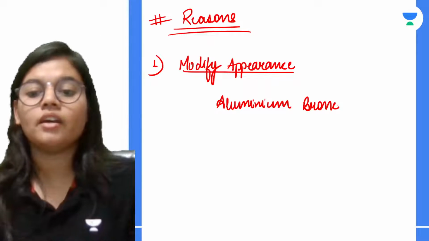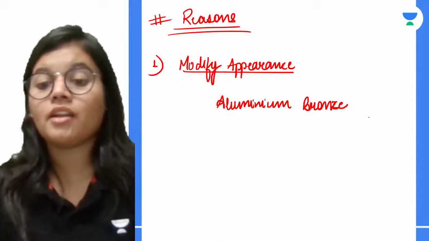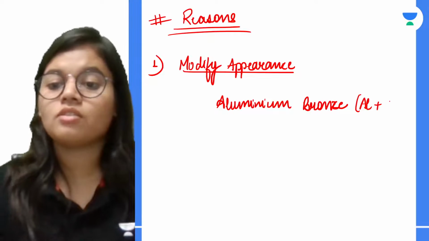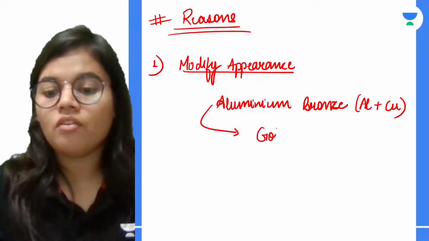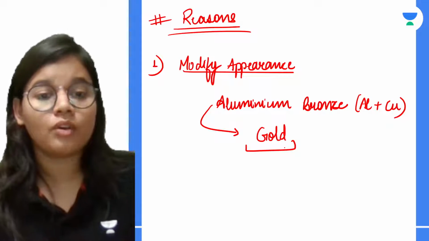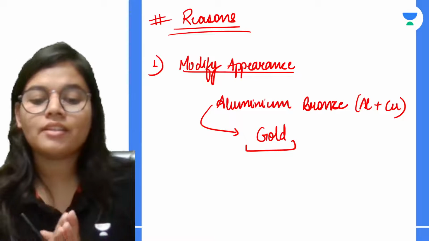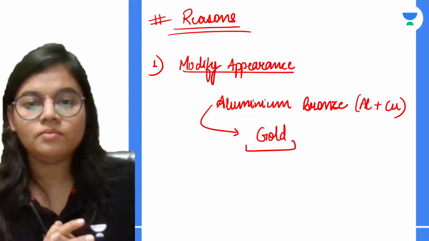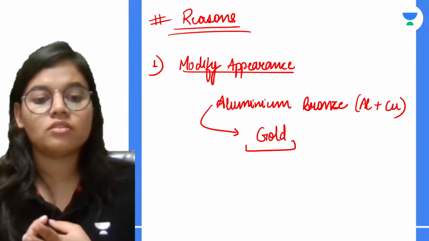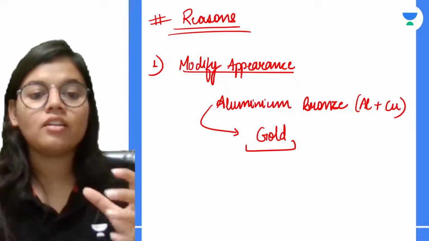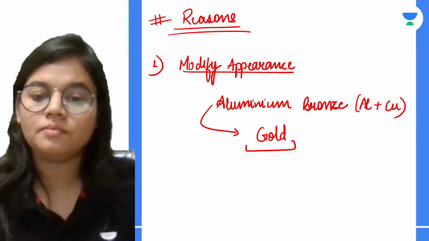It is an alloy made up of aluminium plus copper, and the look it gives is of gold. It has a beautiful bright yellow color which makes it look like gold. So first, it is not gold, and second, it gives a gold-like look, so it is an alloy that fulfills the purpose of changing the appearance.